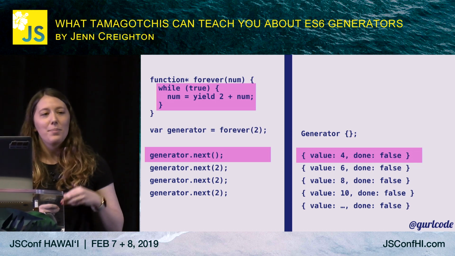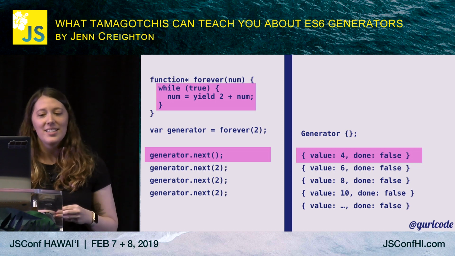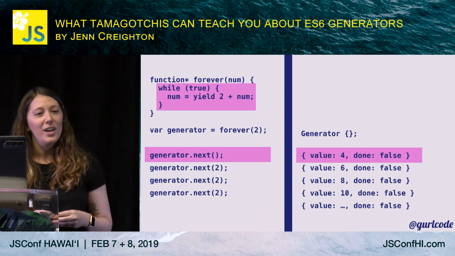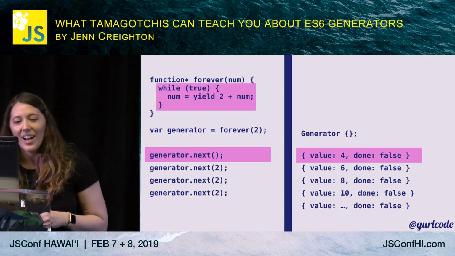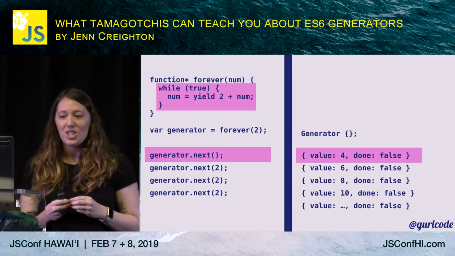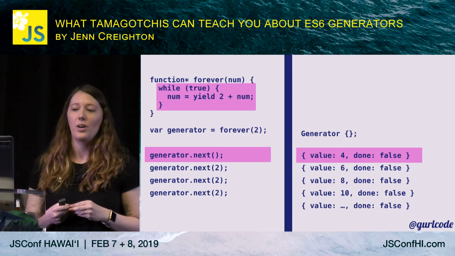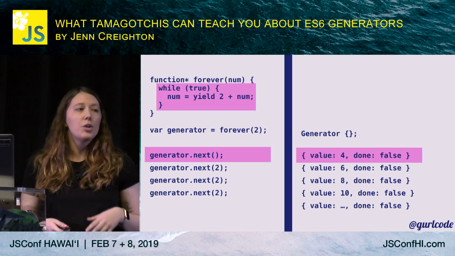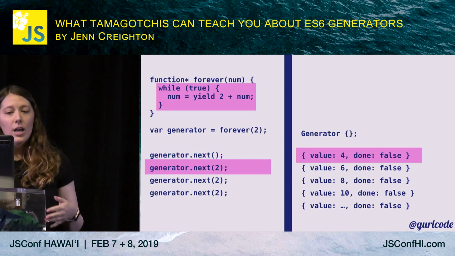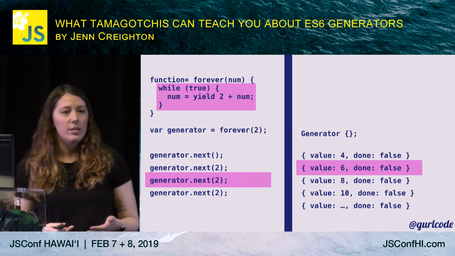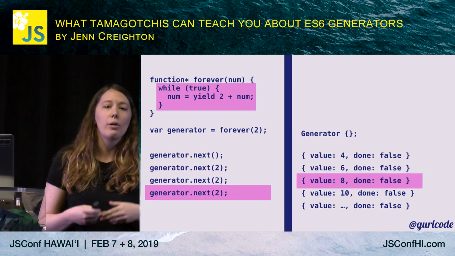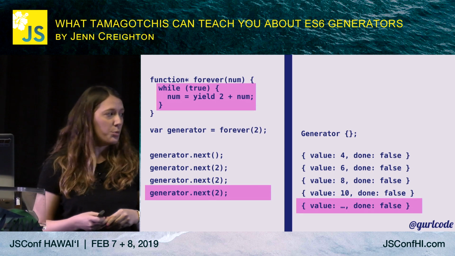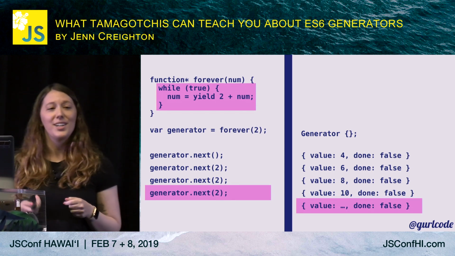But actually, because generators can pause, it's actually pausing the while loop. So it's not going to cause a crash. The yield statement's going to pause it for us, and it's only going to resume again when we call next. And so as long as you keep calling next, this is going to keep running. So this is going to be an infinite generator, but you don't have to worry about overloading the event loop with the while loop, because generators can pause.